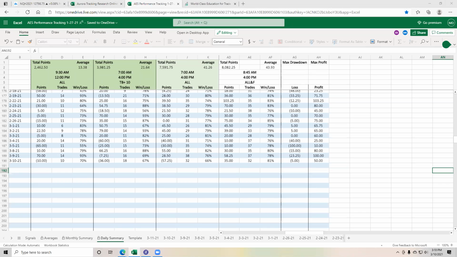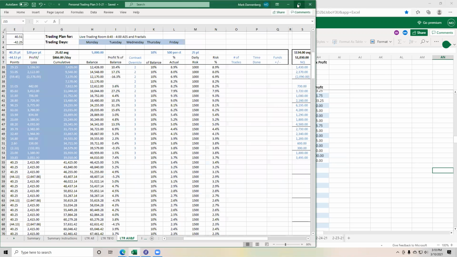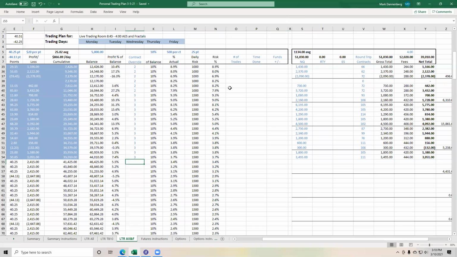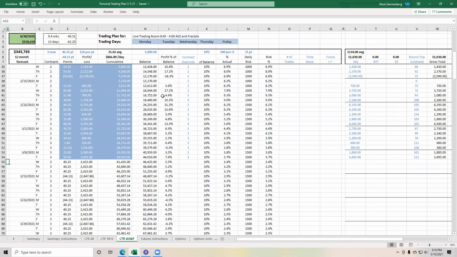Let me just drag this over here. So the Personal Trading Plan is an important tool that we've created for traders, which allows them to actually post their individual performance on a daily basis and have the Personal Trading Plan summarize for them what their average profit and loss performance is through all of the history that they've traded and entered their data.